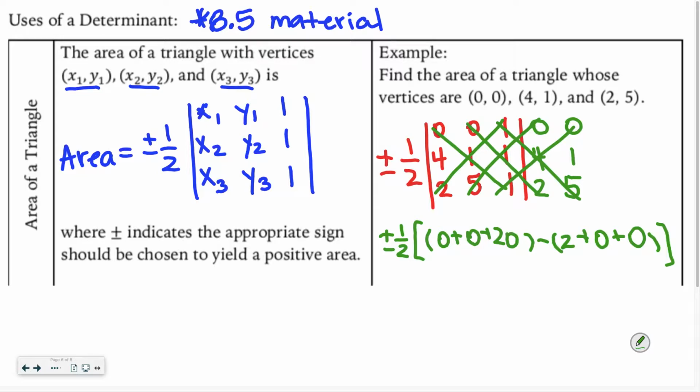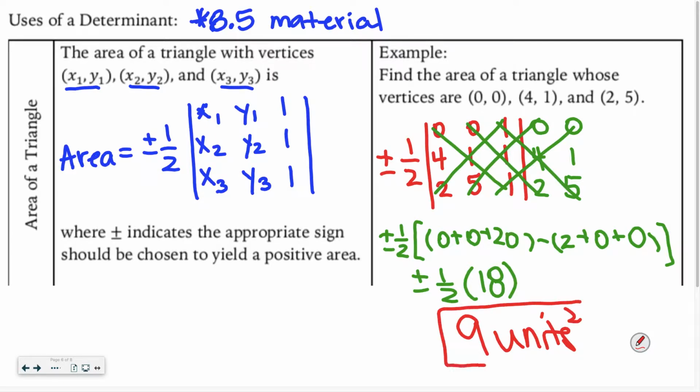Got it? Okay. So we have plus or minus 1/2 times 18. Which of the 1/2s do we choose? The positive 1/2. So our area is 9 square units. It doesn't give us units, so we don't know what they are, but we know that since it's area, it's square units.